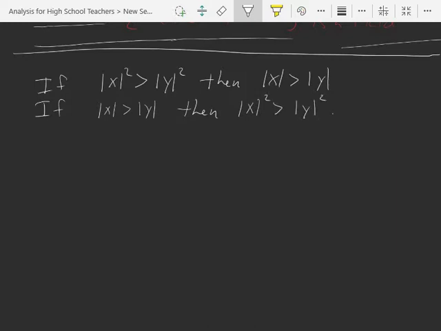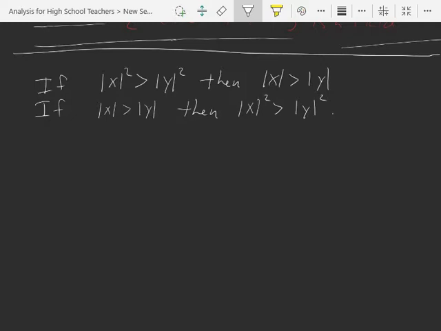Okay. I've got two if statements here, and they're converses of each other. One starts with a hypothesis and gets a conclusion. The other one starts with that conclusion that we had before and gets the hypothesis of the first statement.